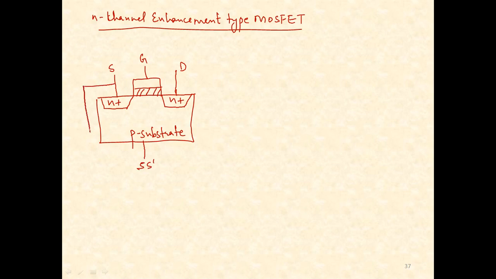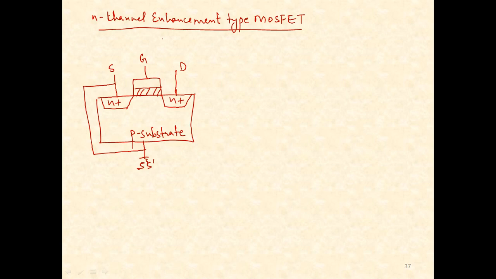Generally the source and the substrate are tied and grounded. So we call it a source referenced MOSFET. That is, the source is grounded, and with respect to that potential we apply the gate as well as drain potential. You can very clearly observe that at the initial stage there is absolutely no channel. A channel has to be present in between source and the drain. So right now there is no channel.